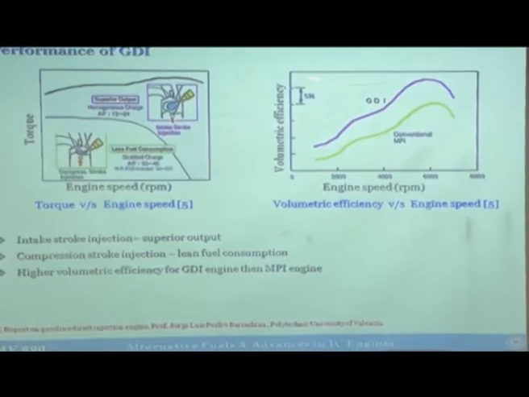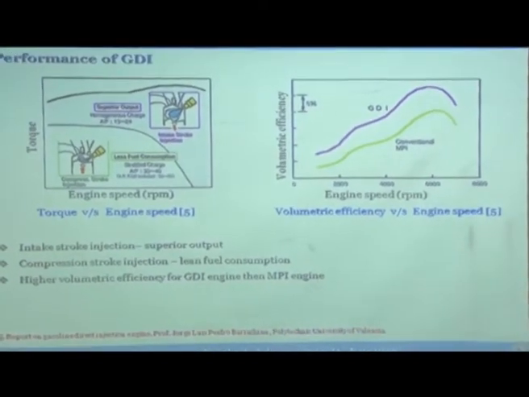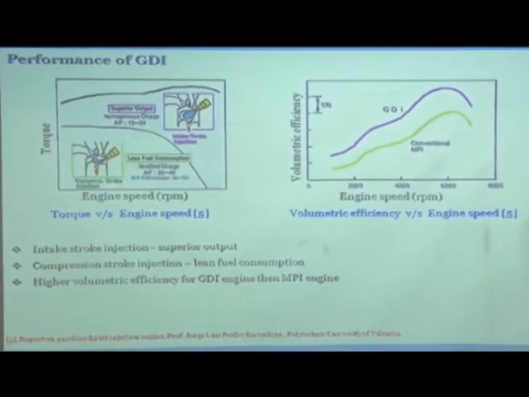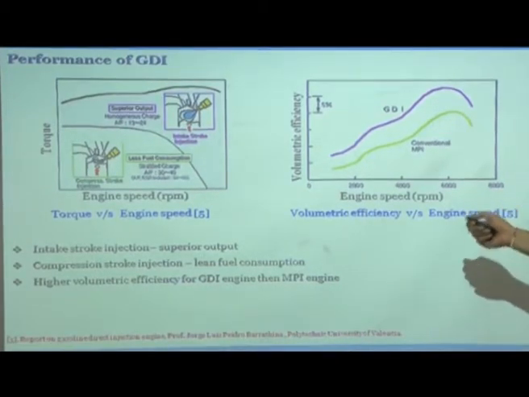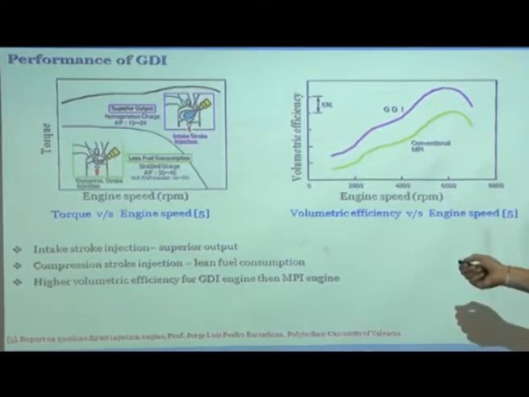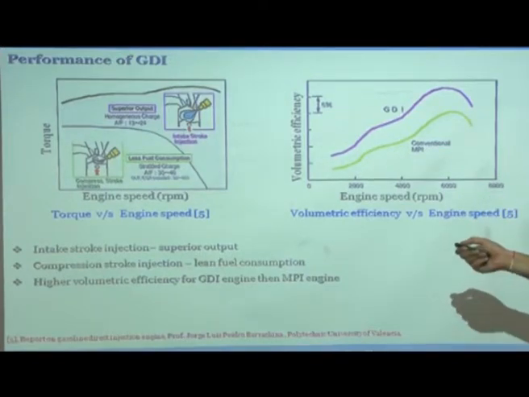So, since the volumetric efficiency is higher, what will happen to power output? Power output will also be proportionally higher. So, that is why GDI engine is actually able to generate more power output compared to conventional PFI engine. Now, you look at the benefits. You have better control, you have superior fuel economy, you have higher power output, you have lower emissions.